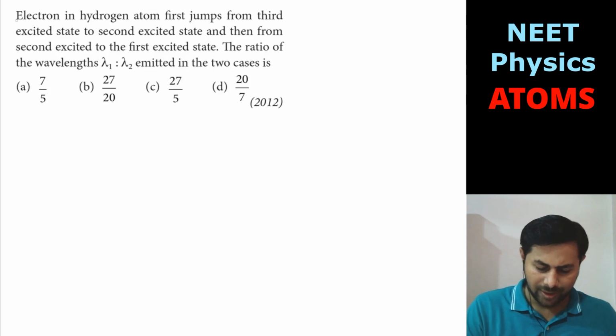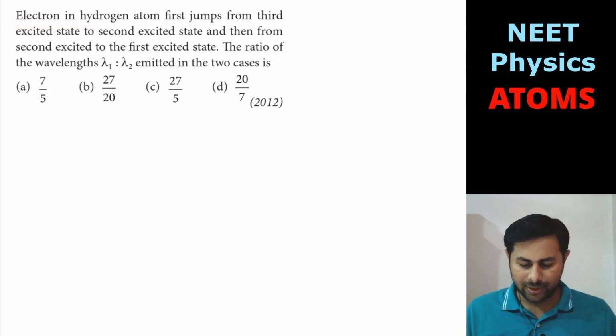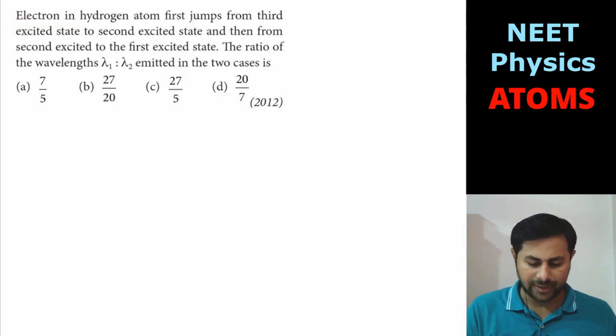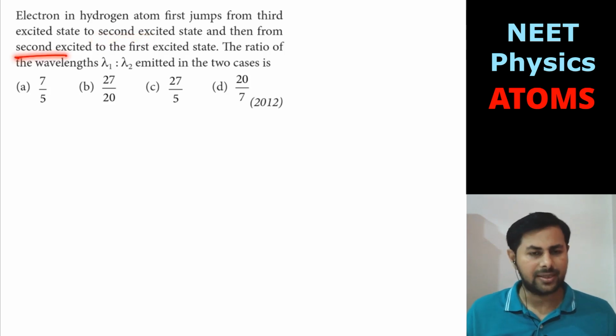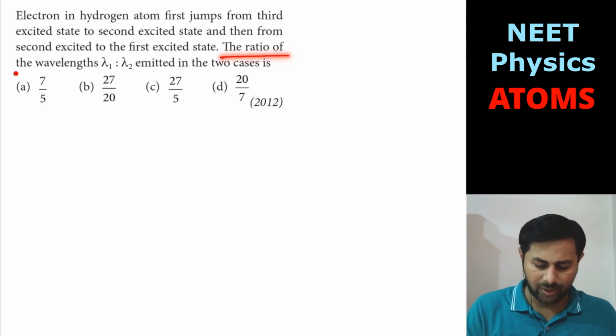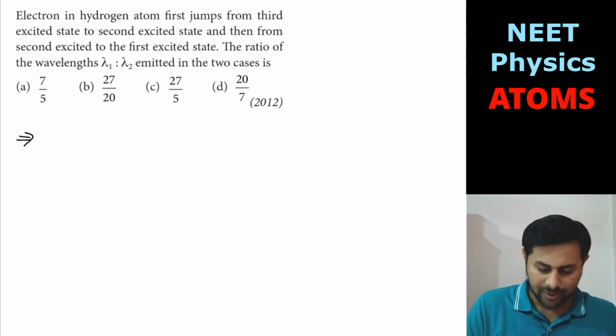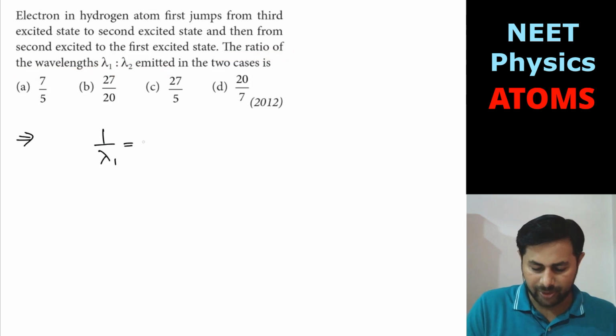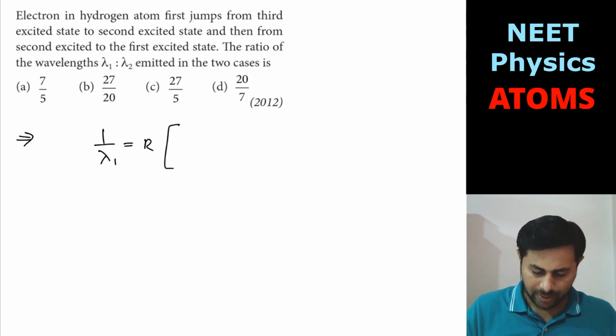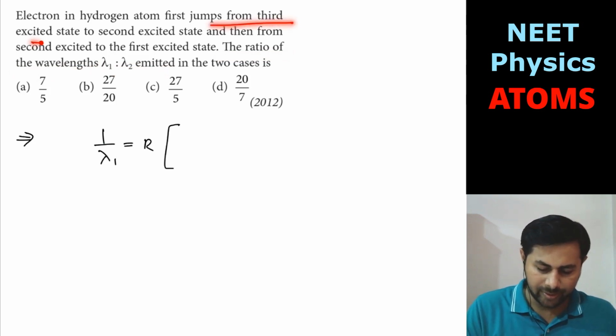Similar question. Electron in hydrogen atom first jumps from third excited state to second excited state, and then from second excited state to the first excited state. The ratio of wavelengths lambda 1 to lambda 2 emitted in the two cases is. So what is the first case? First case is it's jumping from third to second.